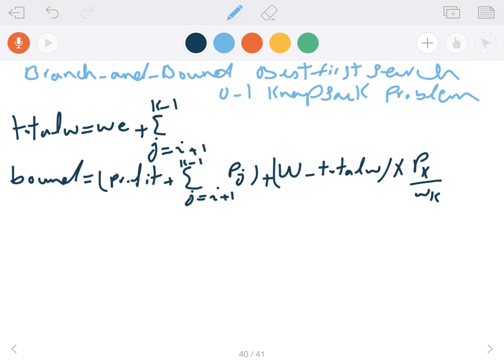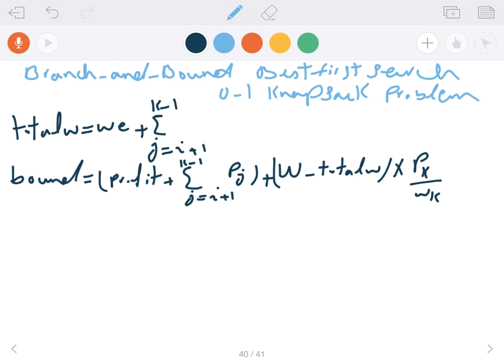So instead of using just a queue, we are using a priority queue. Anytime that we have a node, we are using a priority queue to insert the node that has the better promising value, or a maximum or higher bound.